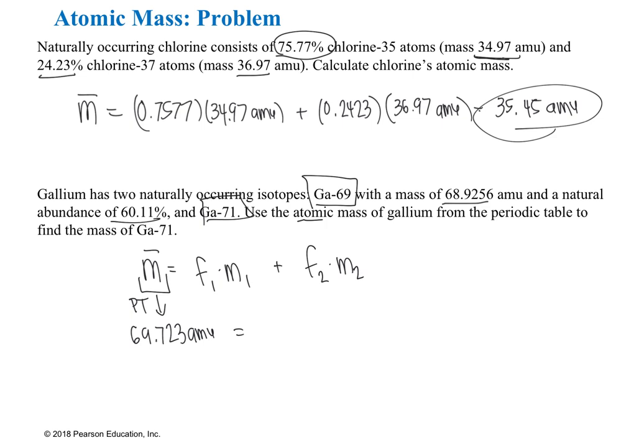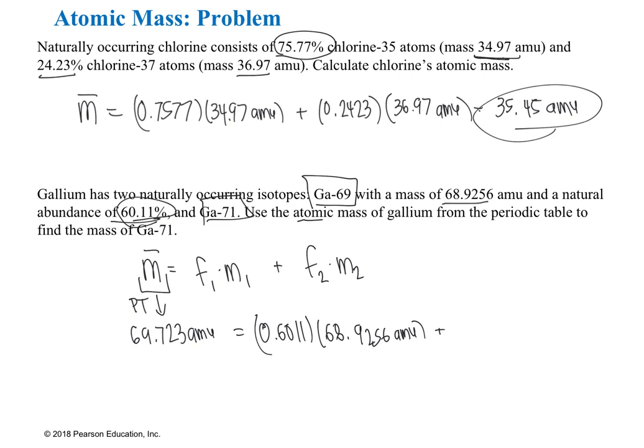So that's just from the periodic table. Okay, so let's do gallium 69. It has an abundance of 60.11. So if I put that in fraction form, it'll be 0.6011. And that mass it gives us is 68.9256 AMUs. Plus the fraction of the second one. Now you might be saying, it didn't give us the fraction.